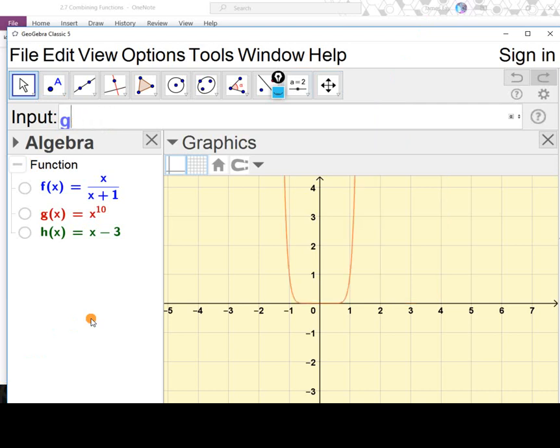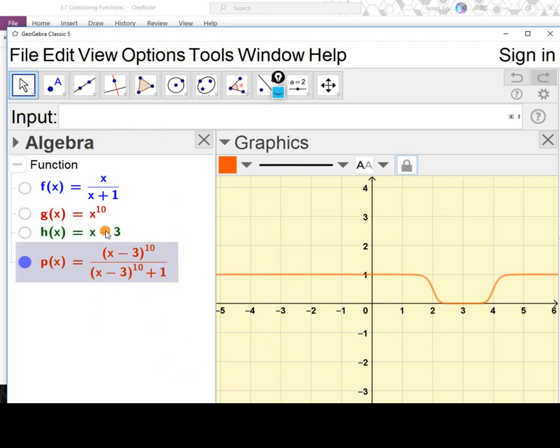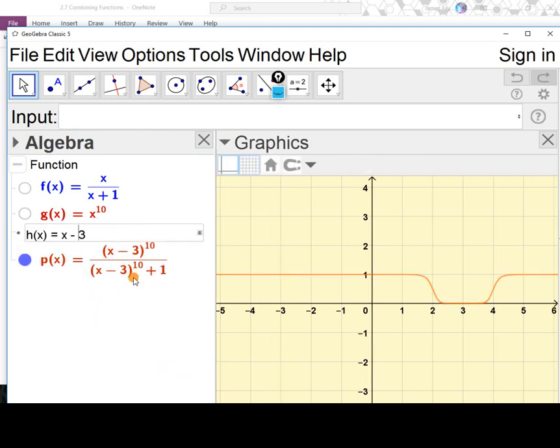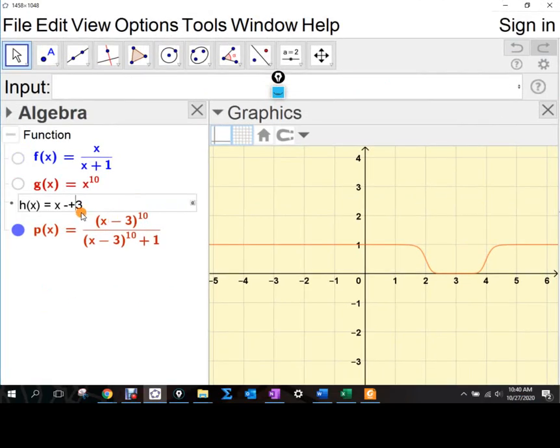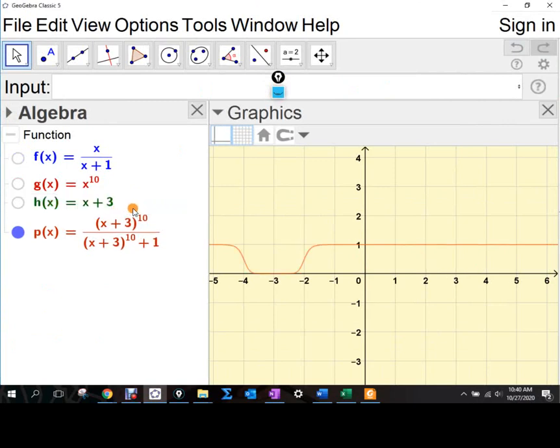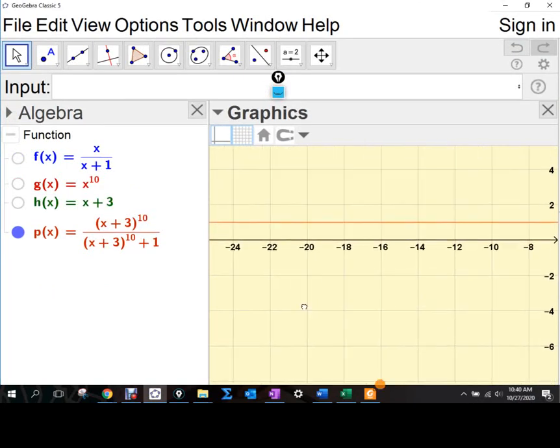Okay, so then if I go f of g of h of x, excuse me, of x, it gives me that thing. And I actually had, it was x plus 3, wasn't it? Was it x plus 3 or was it x minus 3? X plus 3. So I get that graph there, okay?